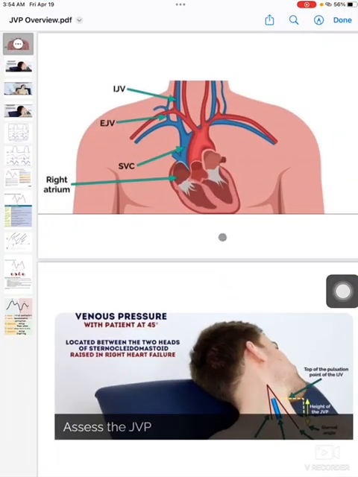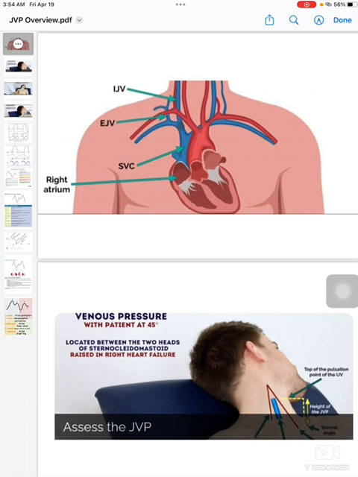We'll discuss the background of jugular venous pressure. The jugular venous pressure provides an indirect measure of central venous pressure. This is possible because the internal jugular vein connects to the right atrium without any valves.